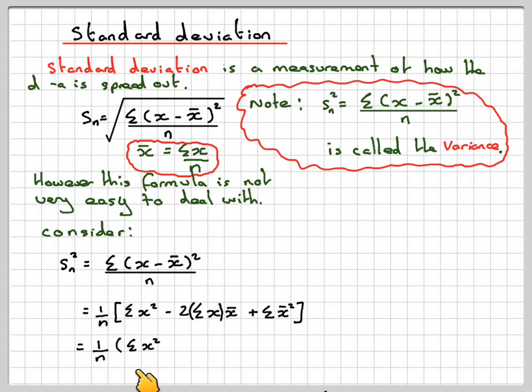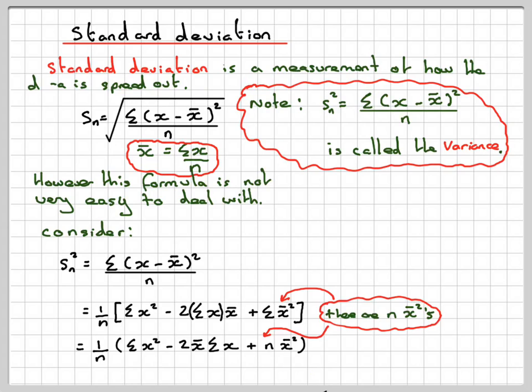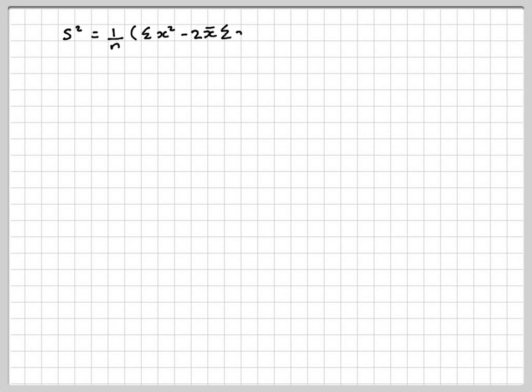So we get sigma x squared, minus 2 times x bar times sigma x. And because you have to sum up the mean squared n times, that's n x bar squared. There are n of those, so we do n times that, which replaces that. Writing that line out again.